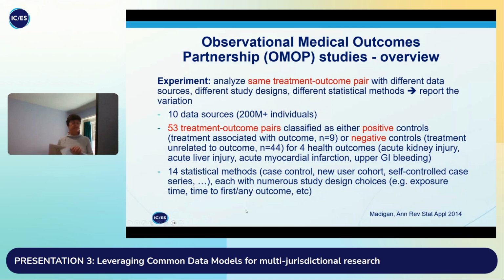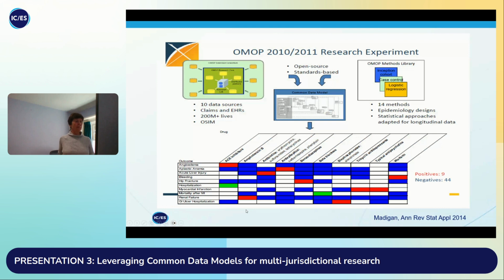This is just a schematic of what they did. And really the piece I'm trying to illustrate is at the bottom. The treatments are across the top, the outcomes are across the side, and just taking you through the first column, which is ACE inhibitors: the red are the positive controls, the blue are the negative controls, and the white are the pairs for which they had no data.